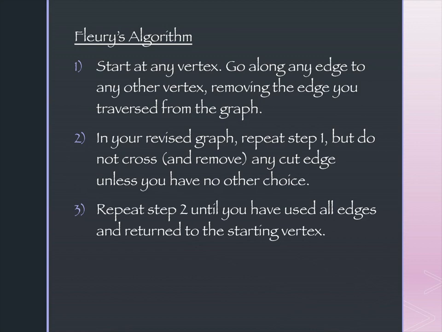But when you go through that edge, you remove that edge from the graph. And then you keep going. The condition is that you do not cross and remove any cut edge unless there's no other choice that you have. You repeat this step until you have used all edges and returned to the starting vertex.